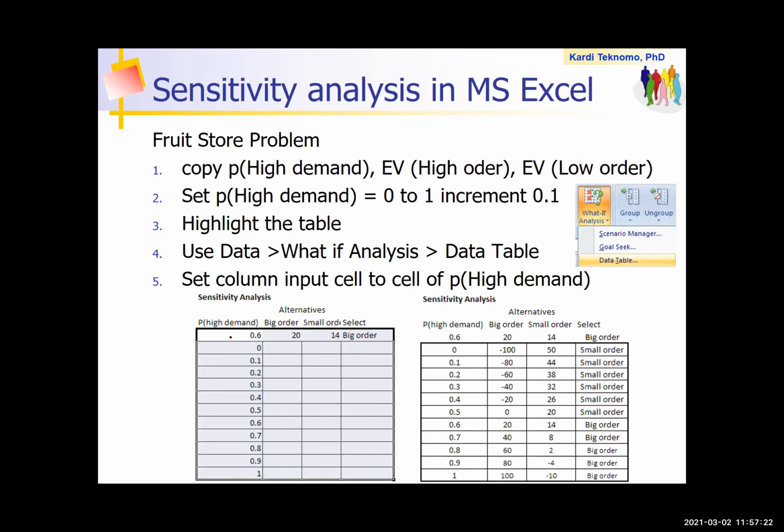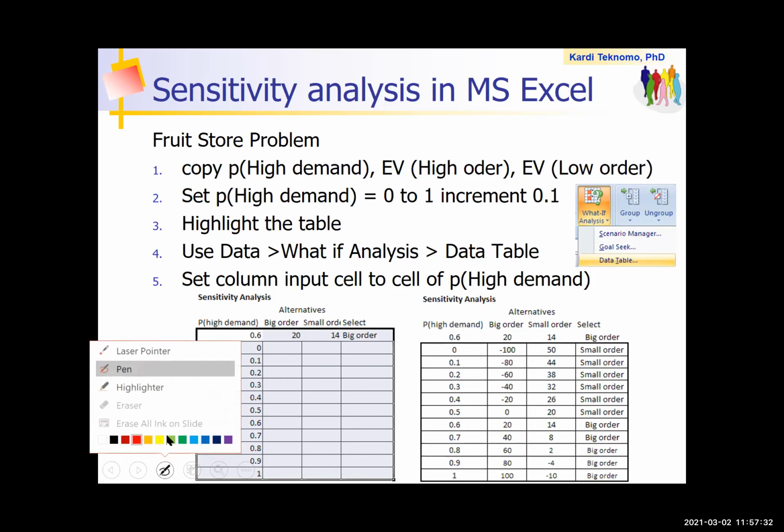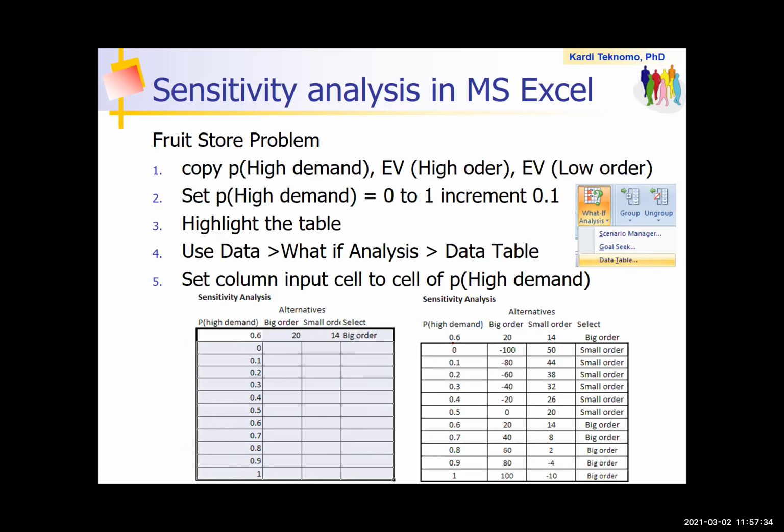Earlier, the high demand probability was, you remember, 0.6, right? So now, instead of 0.6, you make a range of probability here, from 0 to 1.